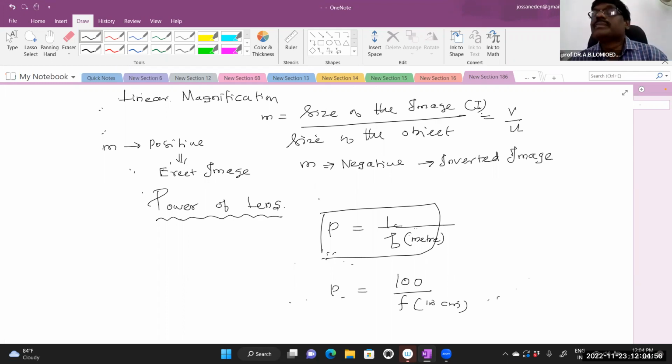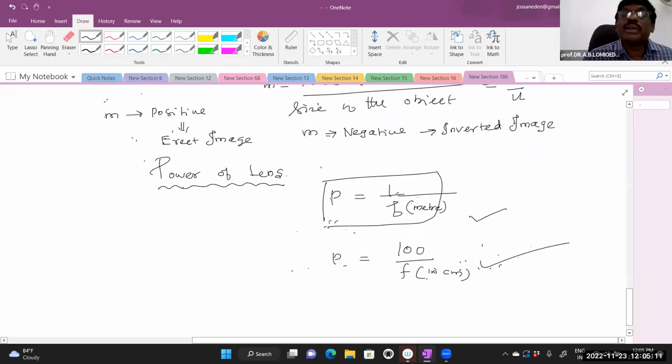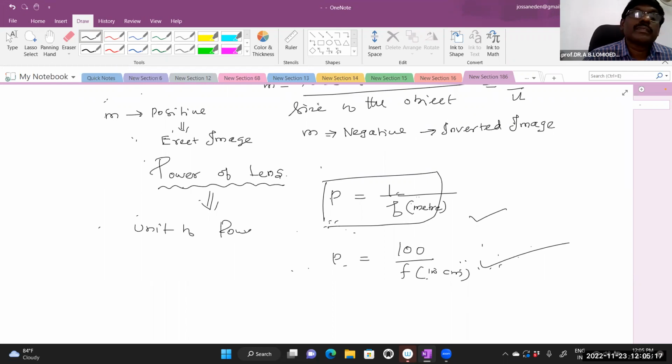Correct? Converting centimeter into meter, 10 to the power of minus 2 goes up as plus 2, so it becomes 100. Okay. What is the unit of power of the lens? Diopter.